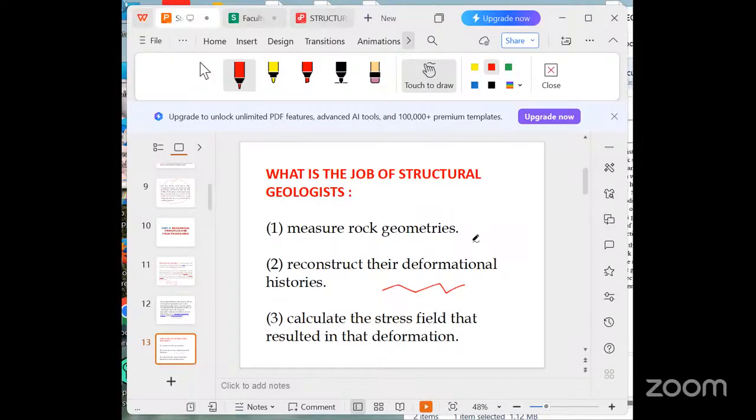The geologists measure rock geometries, reconstruct their deformational histories, and calculate the stress field that resulted in that deformation. These are the important things the geologists are doing.